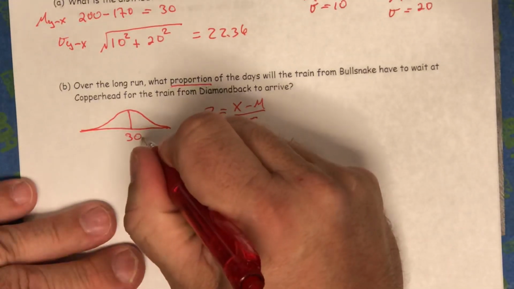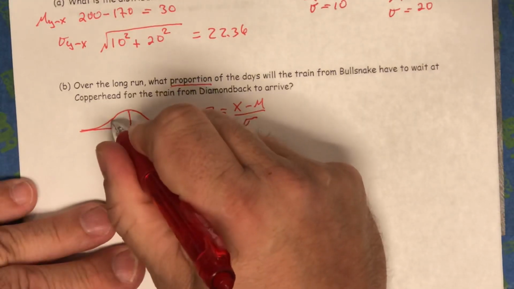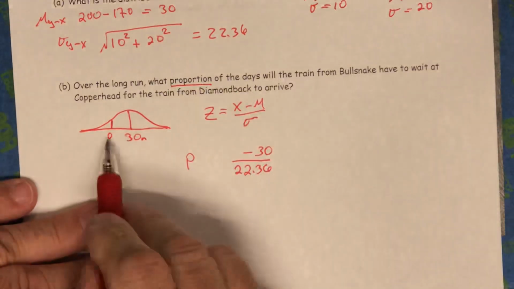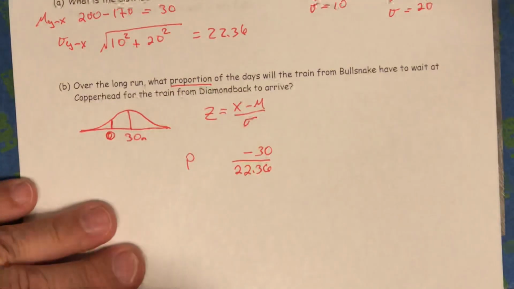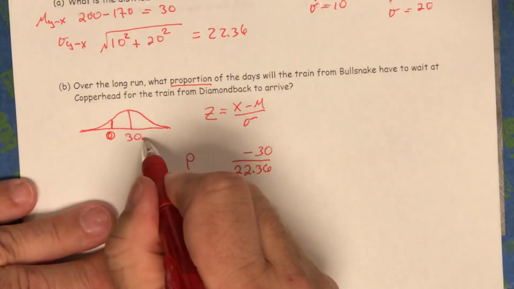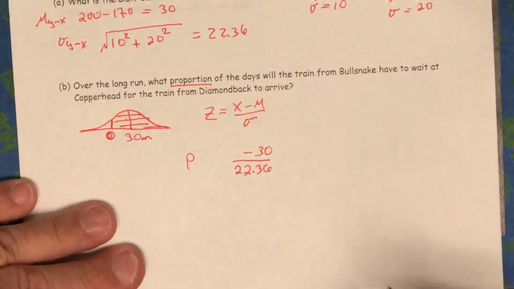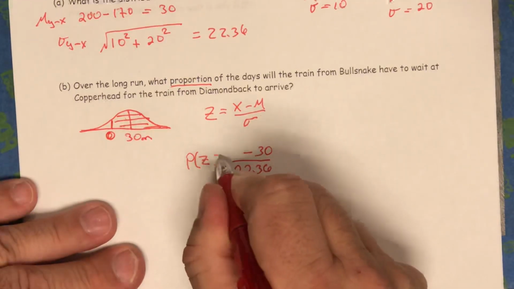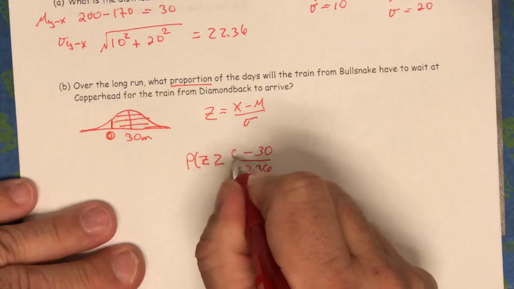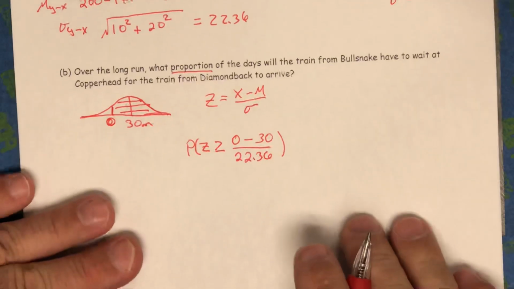Well, if this is 30 minutes it has to wait on average, I want to know anything above 0, because obviously at 0 minutes no one's waiting. So I'm looking for this area up here. So I'm going to want the probability that z is greater than or equal to 0 minus 30 over 22.36.